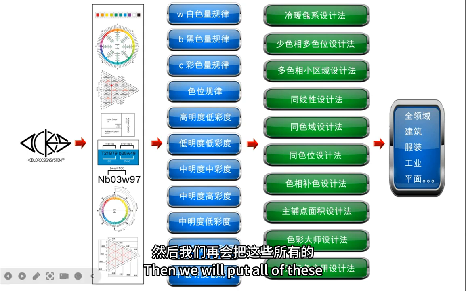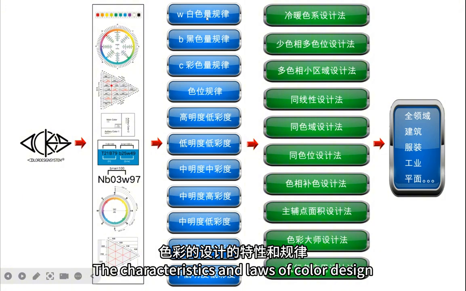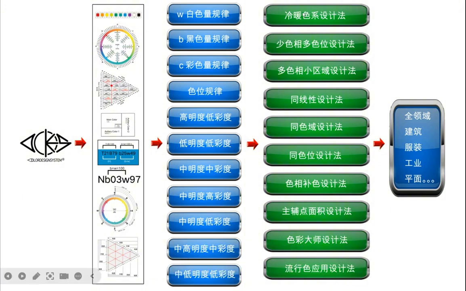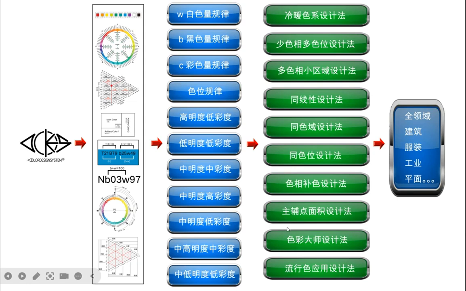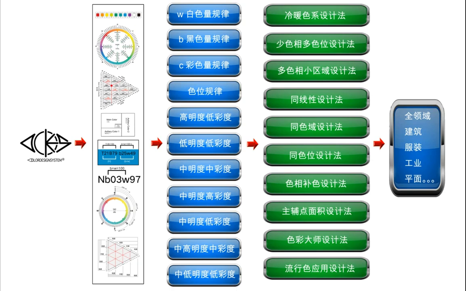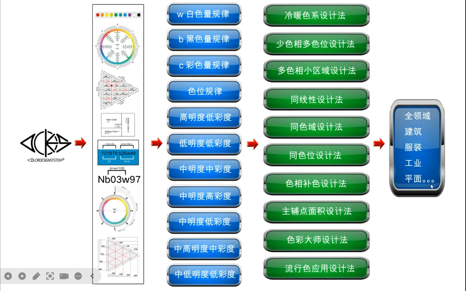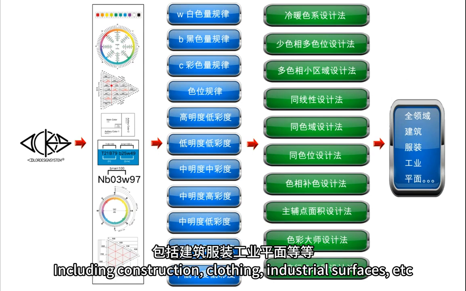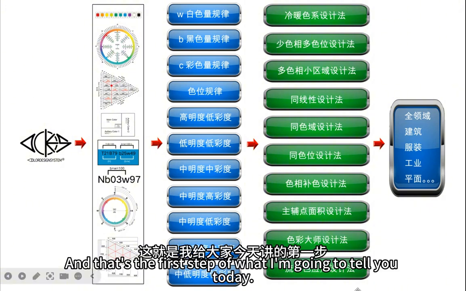Then we will put all of these characteristics and laws of color design and turn them into very simple ways to master the properties of the colors used. And then finally, we're going to go to our entire industry, including construction, clothing, industrial services, etc. And that's the first step of what I'm going to tell you today.